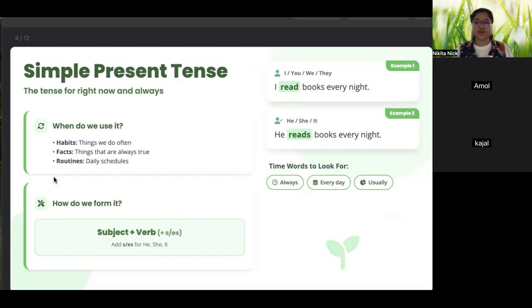Pooja, can you read out example numbers 1 and 2? How do we form it? Subject plus verb. You have to read this example: I read books every night.